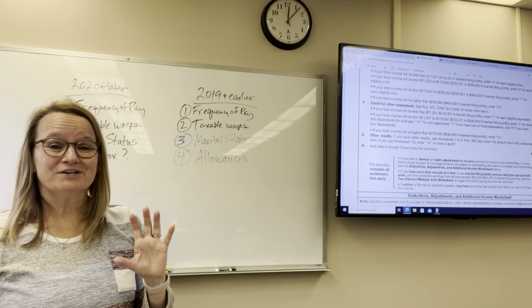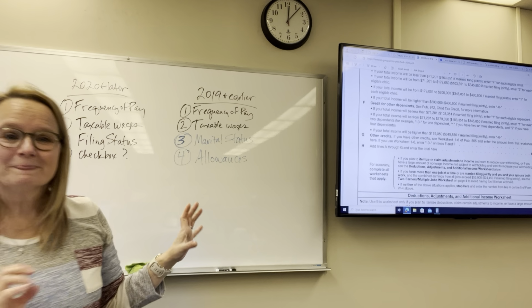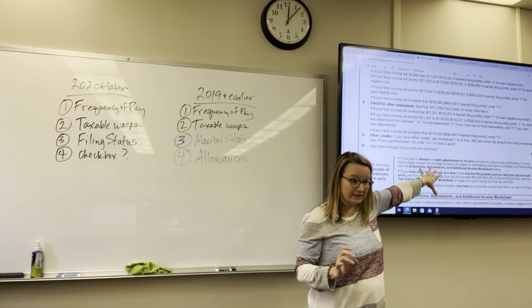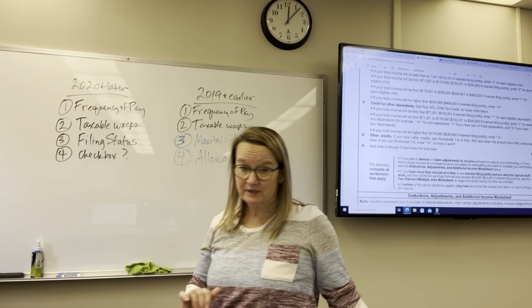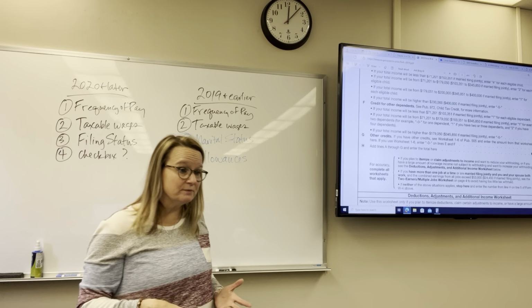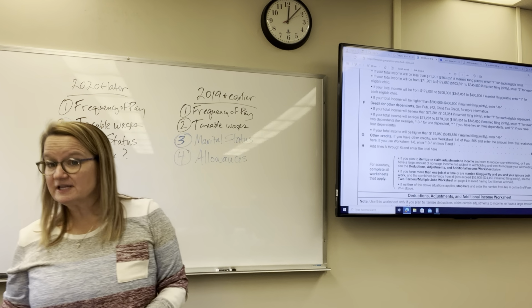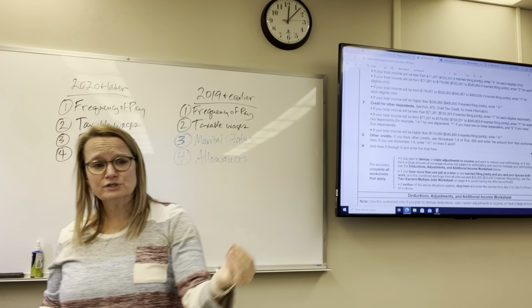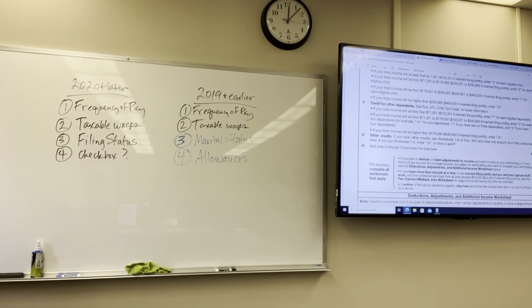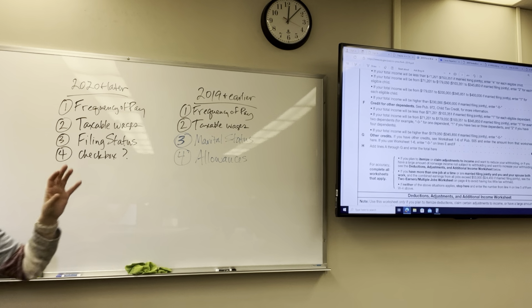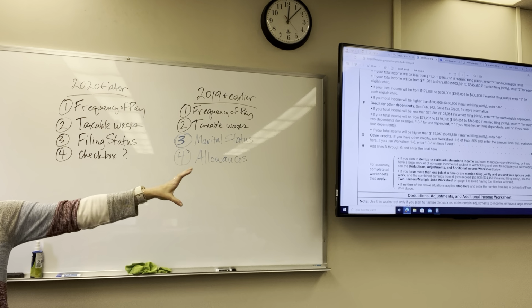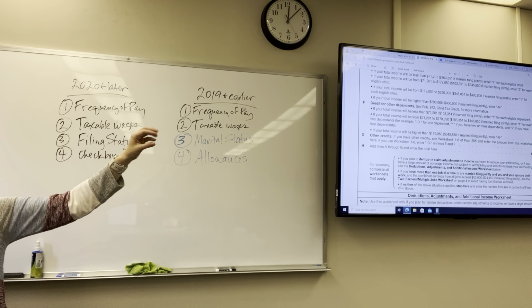Now the good news is you really don't have to know all the details of how these allowances are calculated because nobody's filling out this form anymore. Anybody who is a new employee or who has to fill out a new W-4 will not use this form. They have to use the new form. However, there are still employees here and there who have these older W-4 forms.